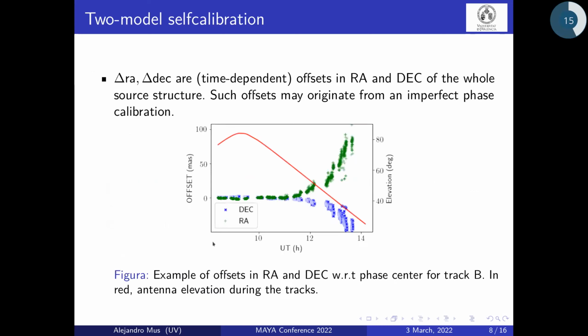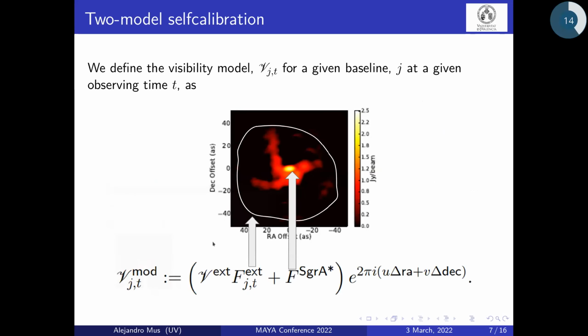For every day, we took the whole data and filtered it, by taking the long baselines and short baselines, to separate the compact component and the extended component. We compute the flux of the compact component, we compute the flux of the extended component, and we create this model. So we could get this part and this part. I hope I could answer the question.